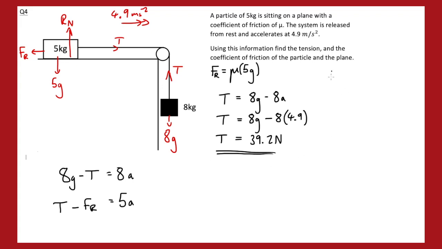I'm going to start with T minus FR equals 5A, and we can fill in the blanks as we go. So we know the tension is 39.2. FR is mu times 5g, and that equals 5 times A, which is 5 times 4.9.